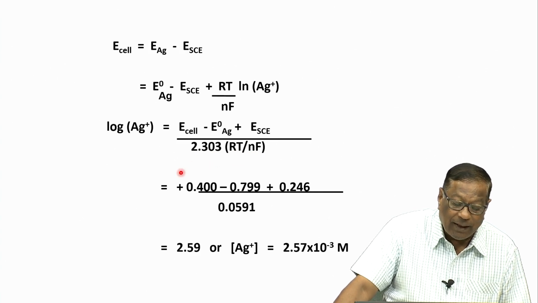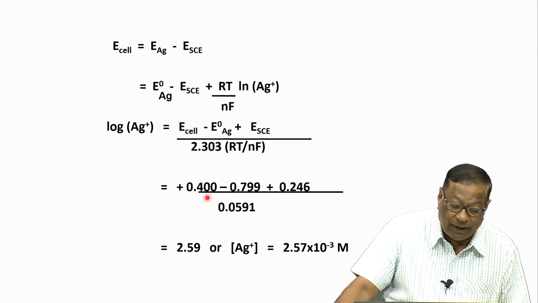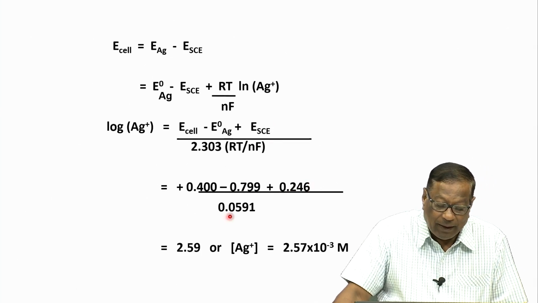And so, I put the value: E cell is measured on the potentiometer, that is plus 400, and E naught Ag is minus 0.799, that I get from the standard table, and E_SCE is 0.246 volts, that I get from the table, from the textbooks available.